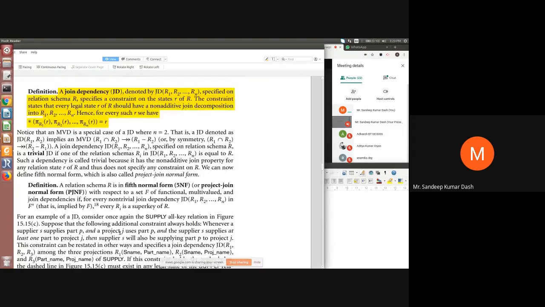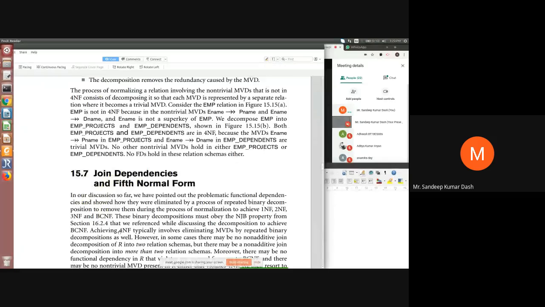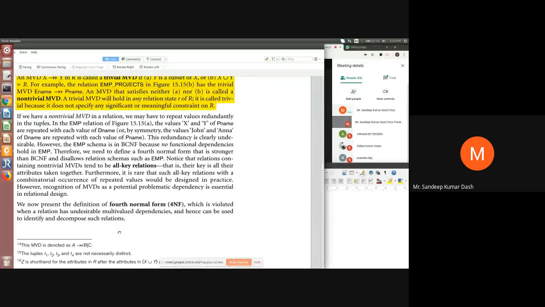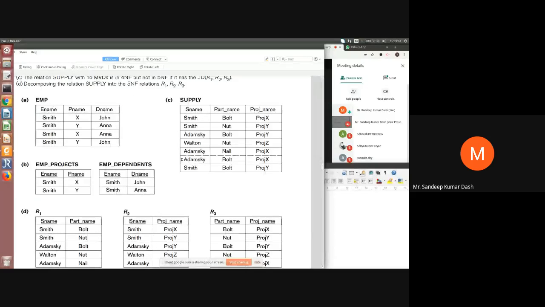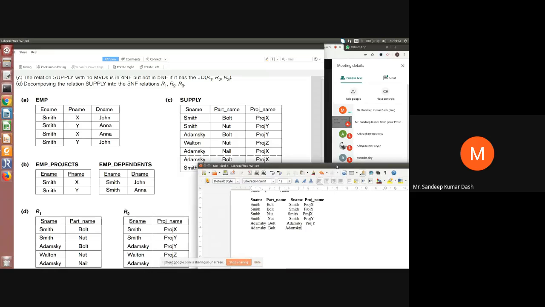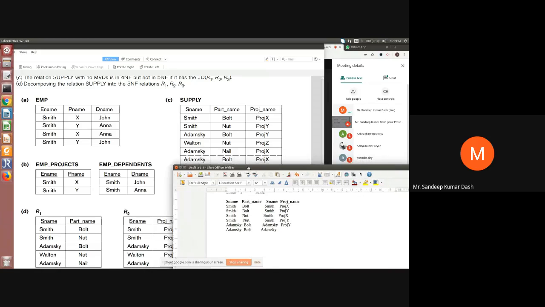There is a point where this part is not there. You assume that the table is up to this, up to the fifth row. These two rows are not considered. That's why I am including this. Up to this point, you say.